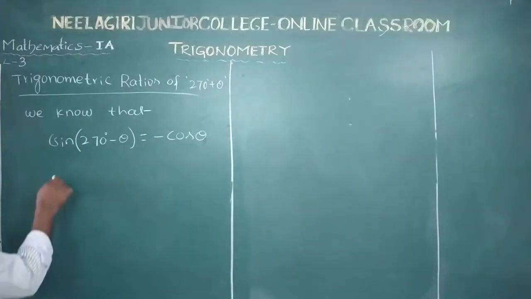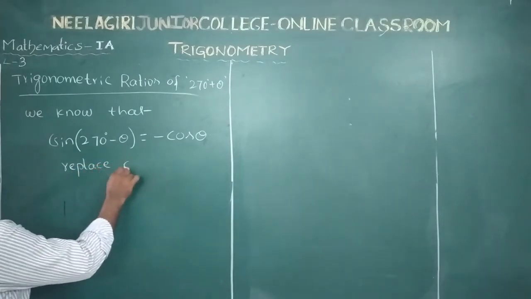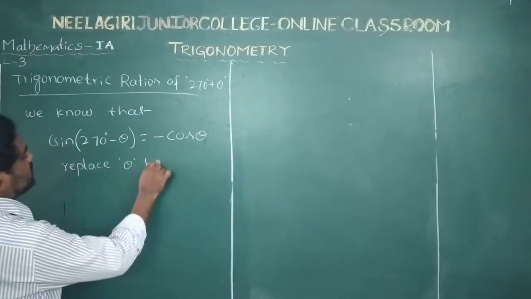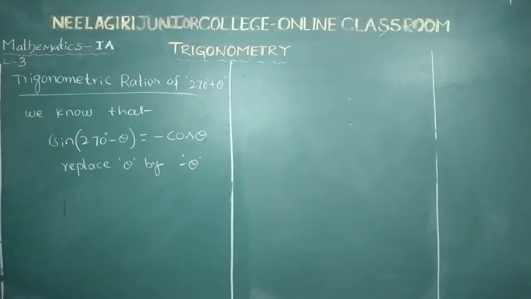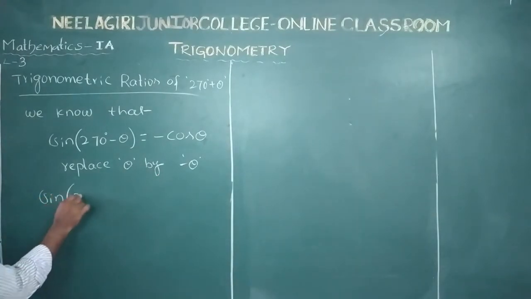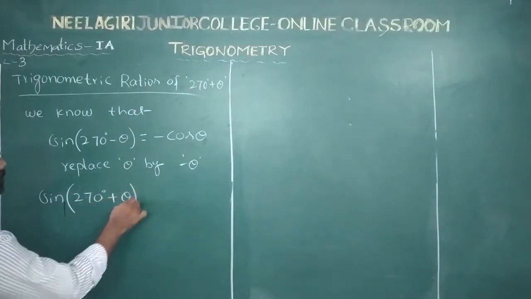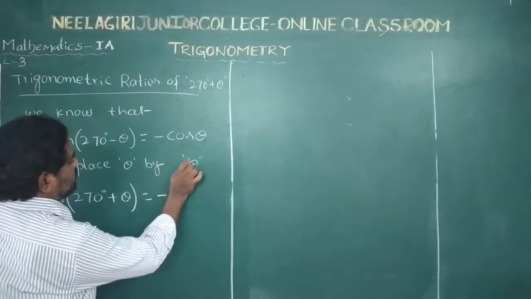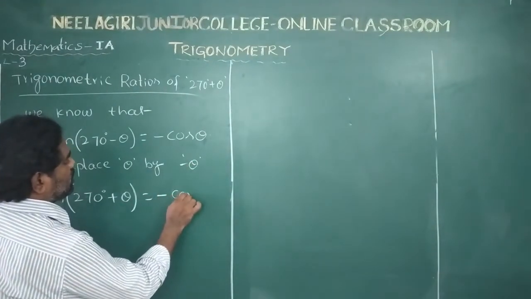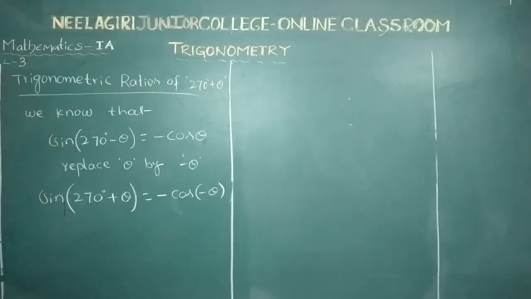Replace theta by minus theta. Let us see what will come here. Sine of 270 plus theta equals minus of cos of minus theta.